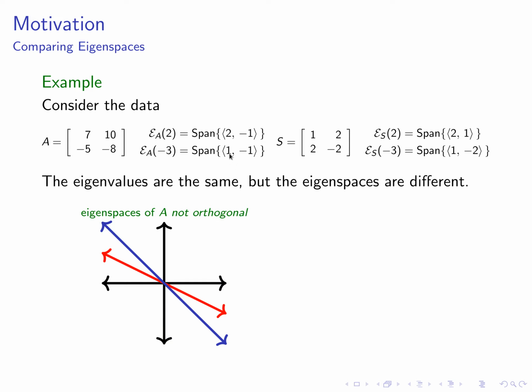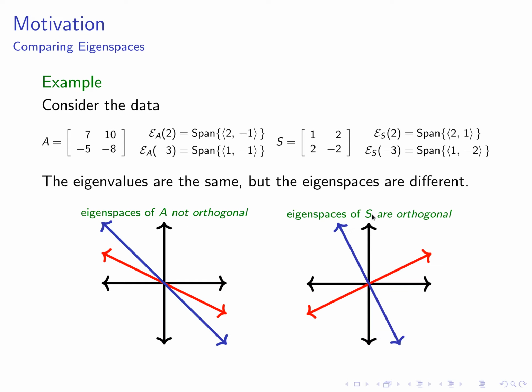And the other would be (1, -1), which would be this line in blue. And one thing that I just want to point out for this example is that the two eigenspaces of A are not orthogonal to each other because these two basis vectors do not dot to 0. What do they dot to? 2 times 1 is 2, plus -1 times -1 is 1, 2 plus 1 is 3. So the eigenspaces of A are not orthogonal.